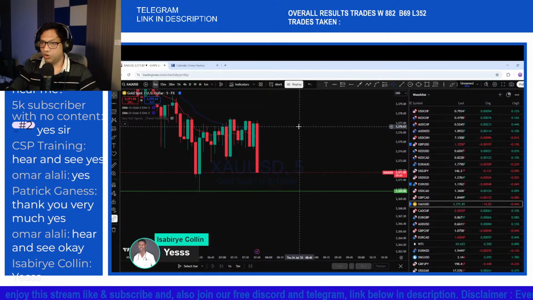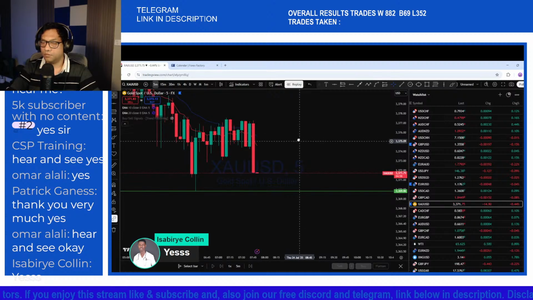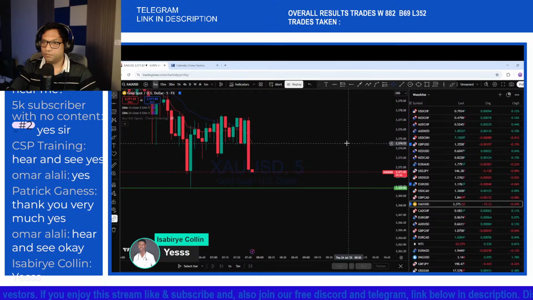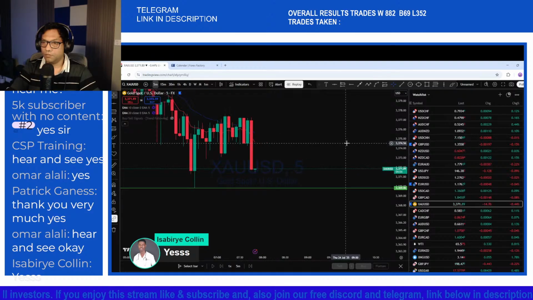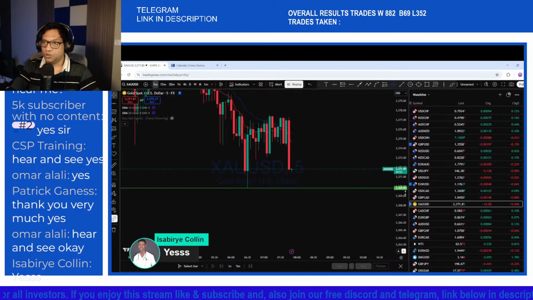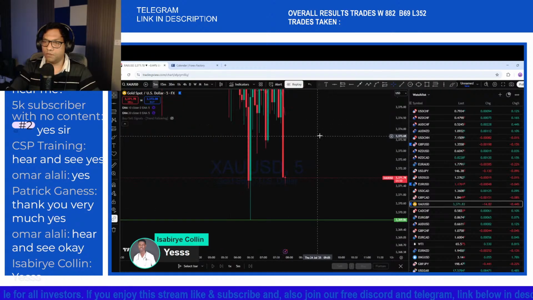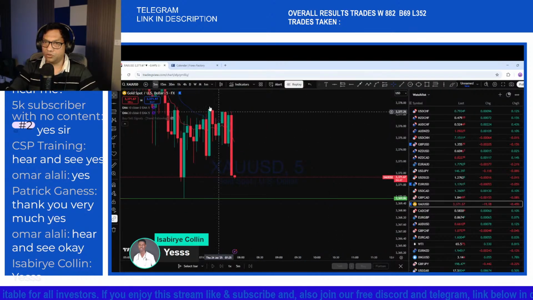A long bearish engulfer has formed on the 5-minute chart. So we may see a short-term bounce back to the upside here.